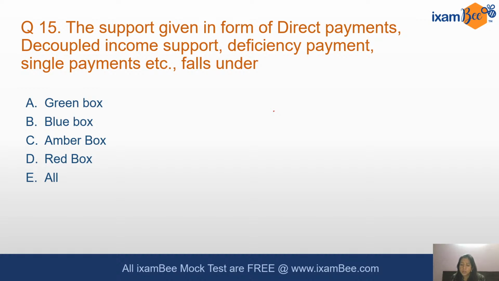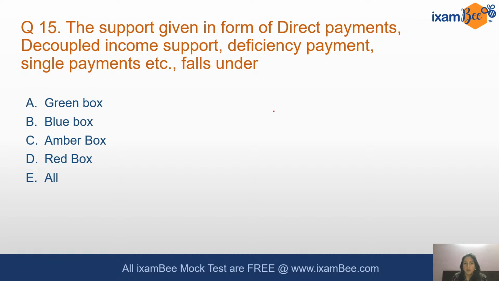Actually, boxes are quite important when we talk about international economics. And actually it is quite confusing to go through what is consisting in green box, what is consisted in blue box, what do you mean by amber box.